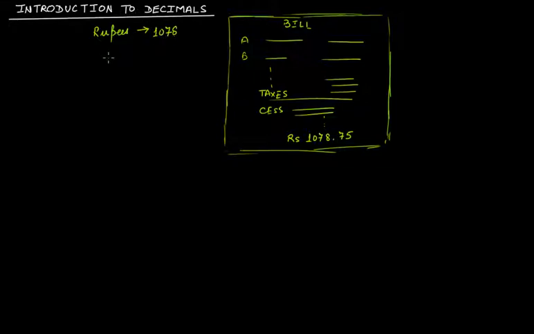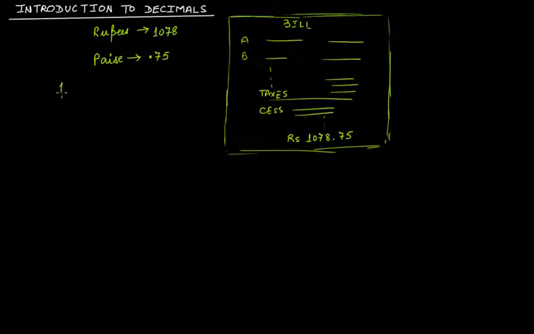And this 0.75 is telling you about paise, how much paise you have to pay. 1078 is telling you about rupees and this is telling you about paise.